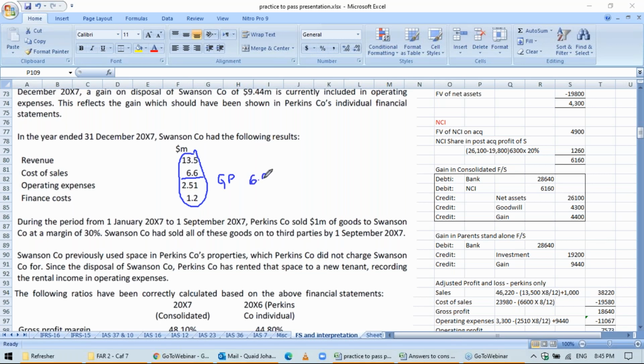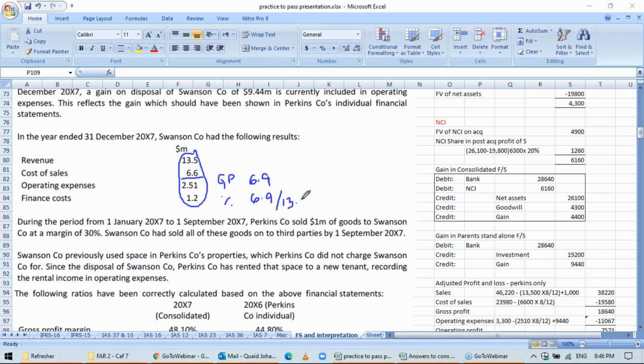Let me tell you the most important thing first. Suppose a parent company sells a subsidiary company. So there should be some justification behind the sale, isn't it? So if we calculate the gross profit margin over here, it will be 6.9 divided by 13.5.